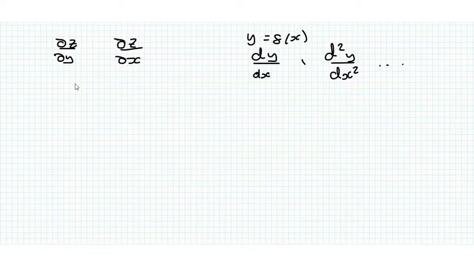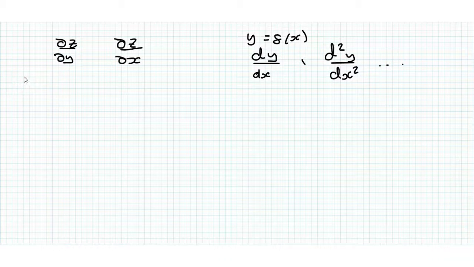The difference with partial derivatives is that for y equals f of x, there's just one second derivative: there's the first derivative, there's the second derivative. For partial derivatives, for a function of two variables, we've already got two first derivatives, and we'll see how many second derivatives we get.